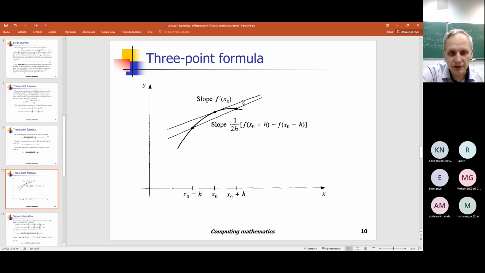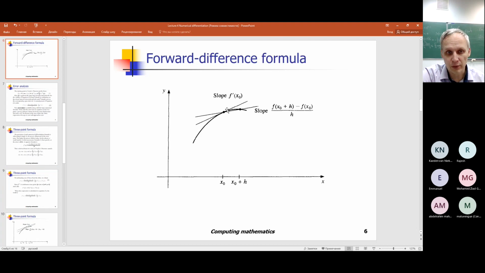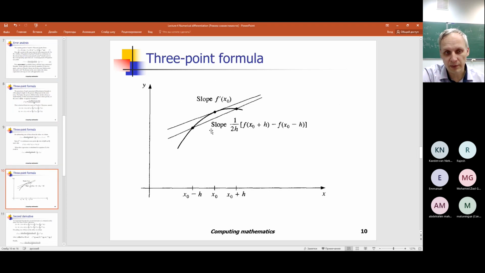You see that the slope of this line in general will be closer to the slope of the tangent line in comparison with the line that passed through the previous 2 points. The slope of this line will be closer to the real value of the derivative.